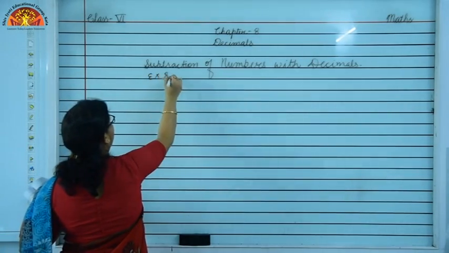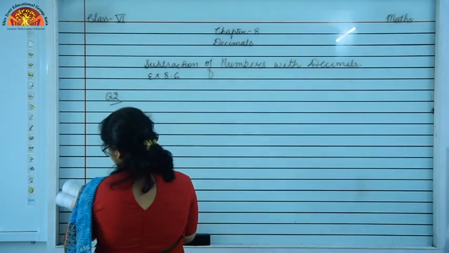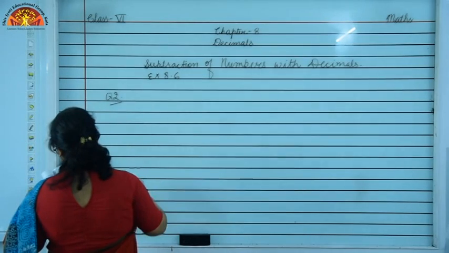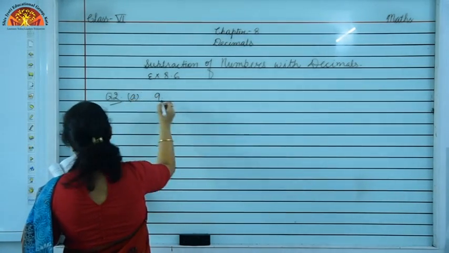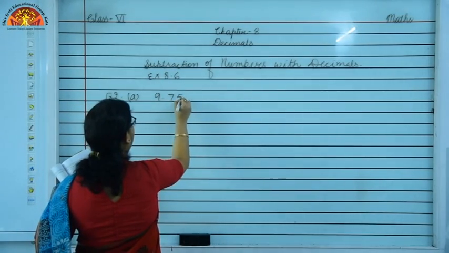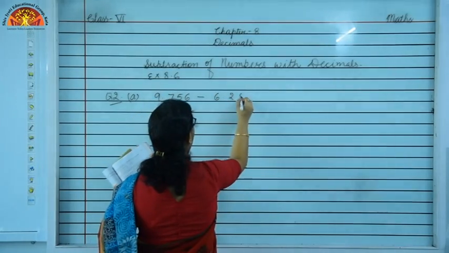Now students, next, question number 2 of exercise 8.6 is: find the value of 9.756 minus 6.28.